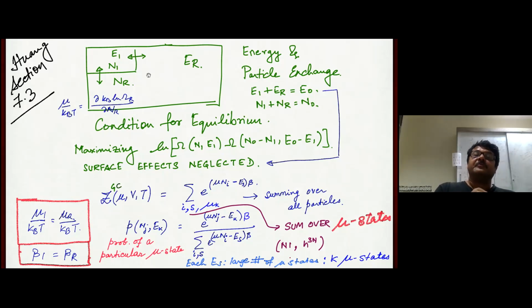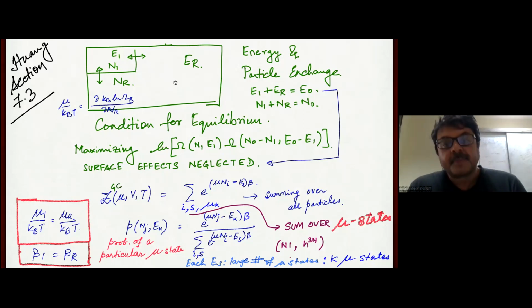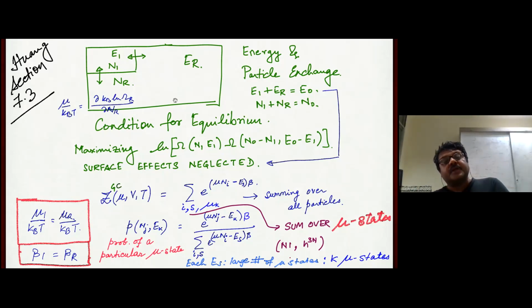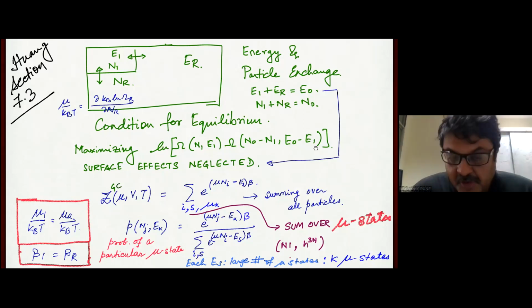if you do a very similar calculation where both the number of particles and the energy are fluctuating between the system and the reservoir, suppose the system has number of particles N1 and energy E1, and the reservoir has number of particles N0 minus N1 and energy E0 minus E1.